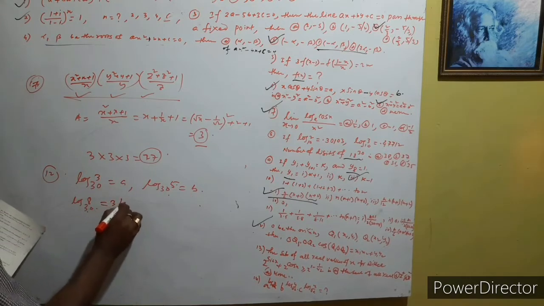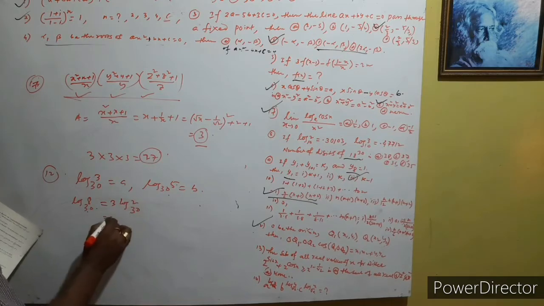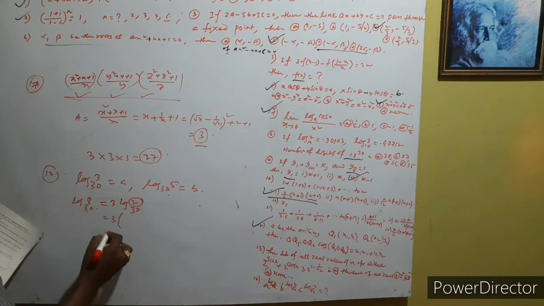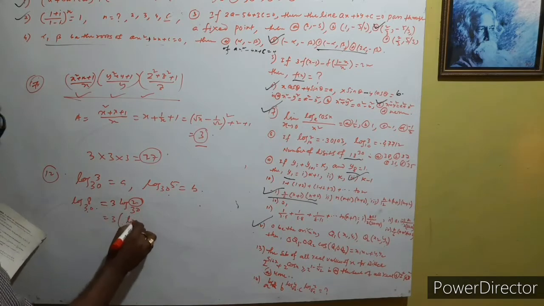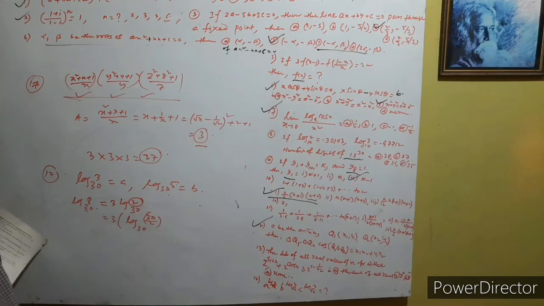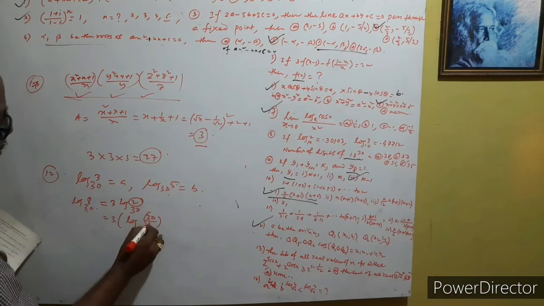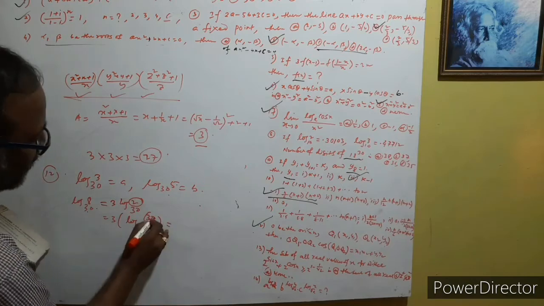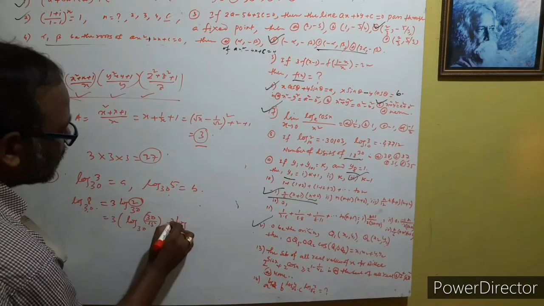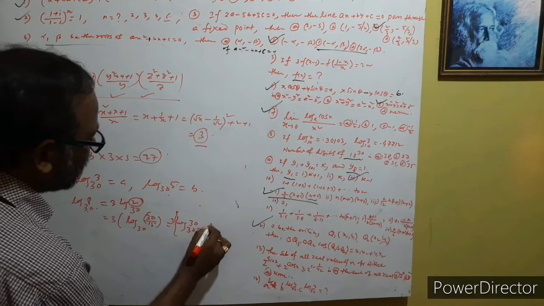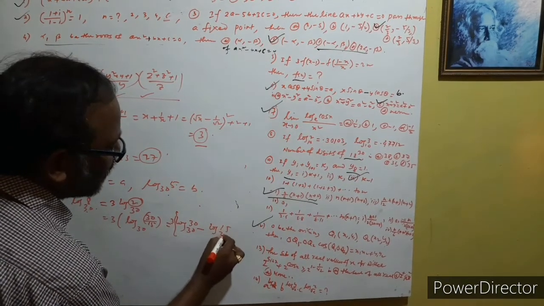This is log 2 base 30. Now we can write 2 as 30 by 15. Then we get log 2, as the base is 30, so this is log 30 to the base 30 minus log 15 base 30.